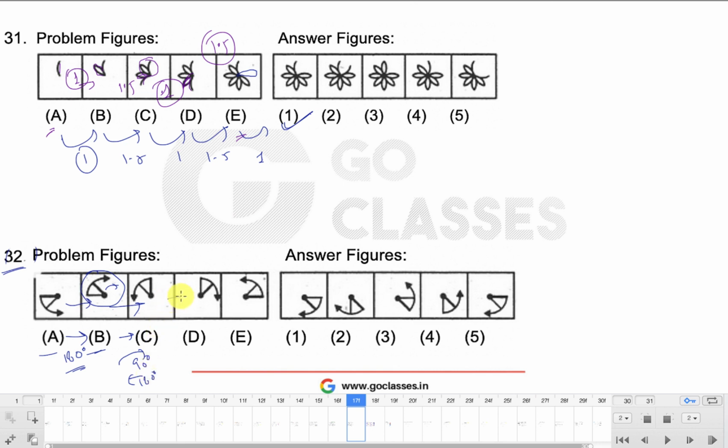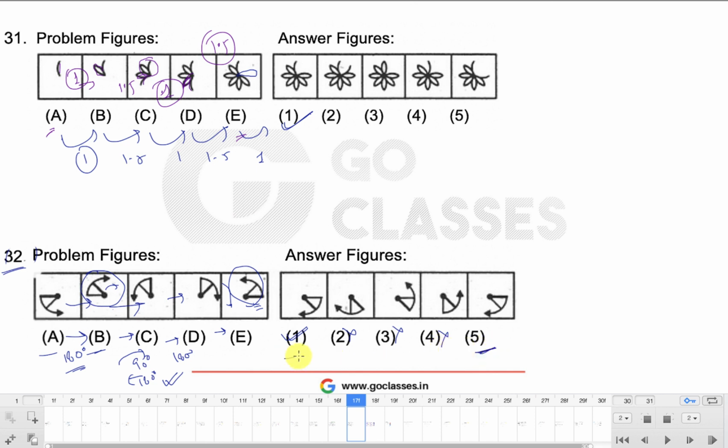And C to D just flipped by 180 degree. And D to E again, first it is rotated by 90 degree, then it is flipped. This is the same. So now this thing will be flipped in the next figure. So what will be the answer? A is the answer as it is flipped with this figure. And this will not be the answer.